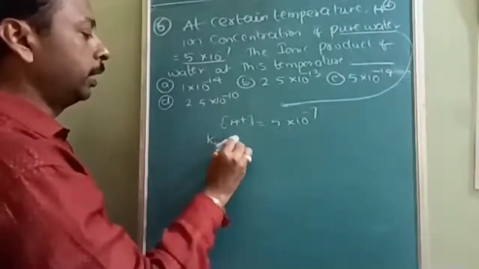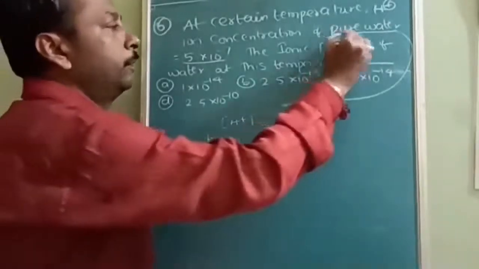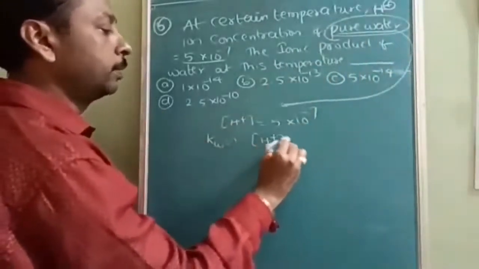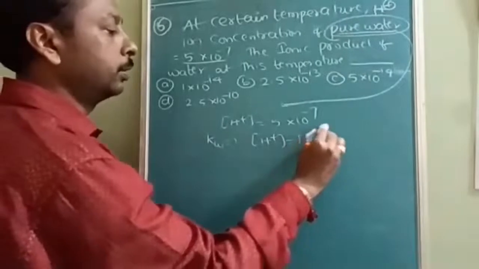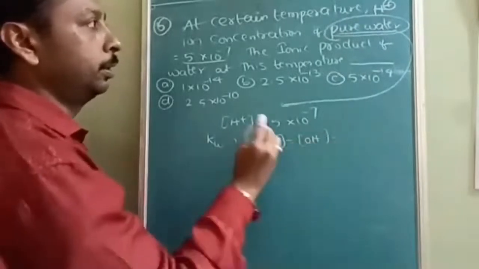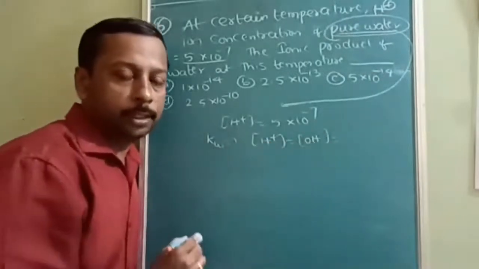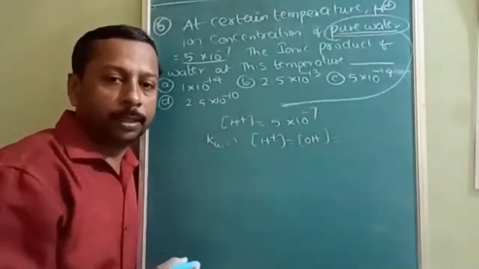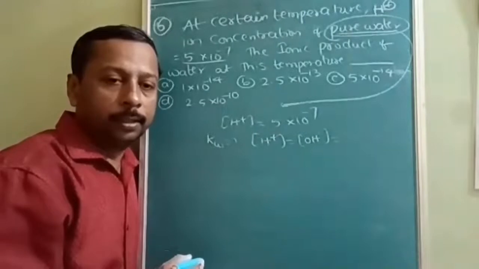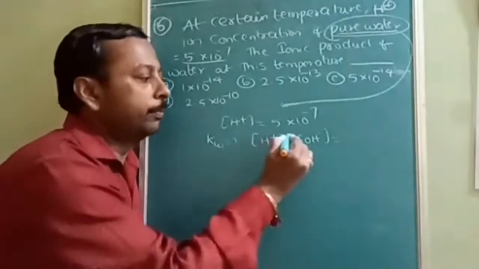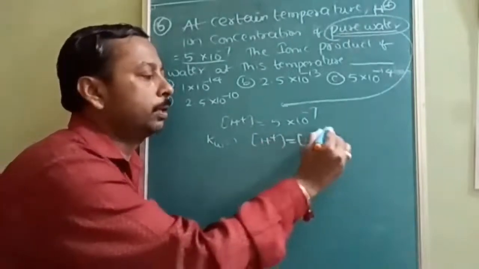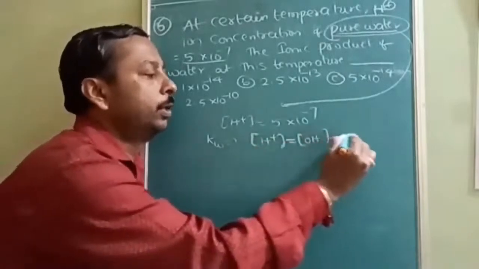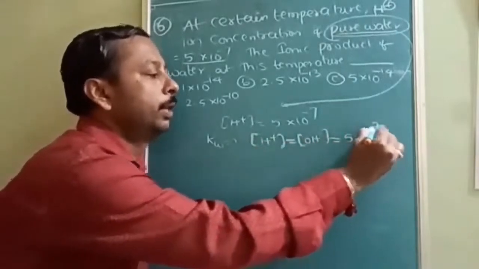H positive is given as 5 into 10 to the power of minus 7, and they want Kw. All of you must be aware that for pure water, the concentration of H plus is equal to the concentration of OH minus. For acidic water, H plus will be greater. For basic water, OH minus will be greater. But for pure water, as I explained during the derivation, both concentrations will be the same, so it is 5 into 10 to the power of minus 7.